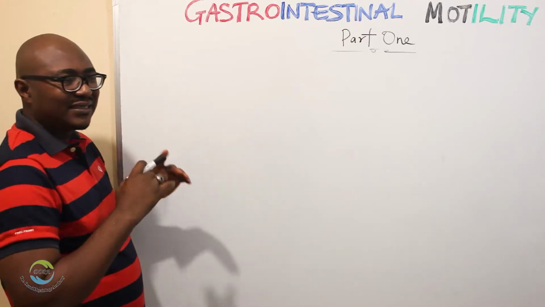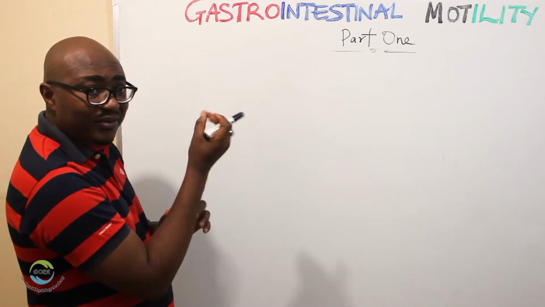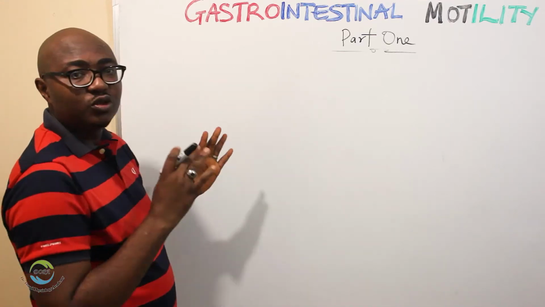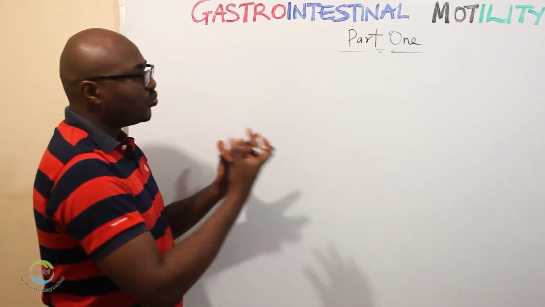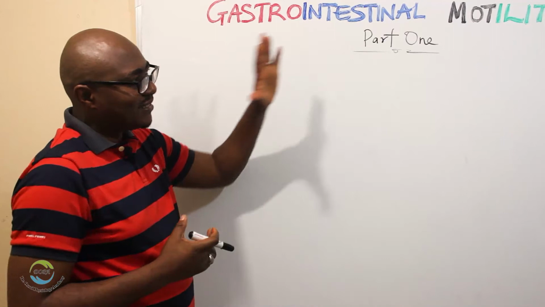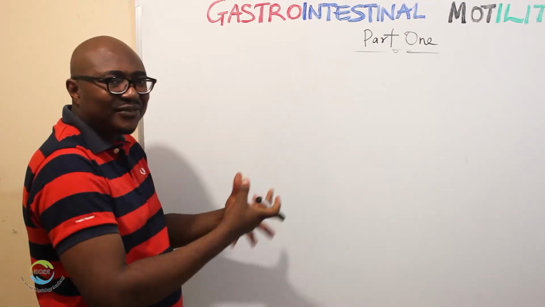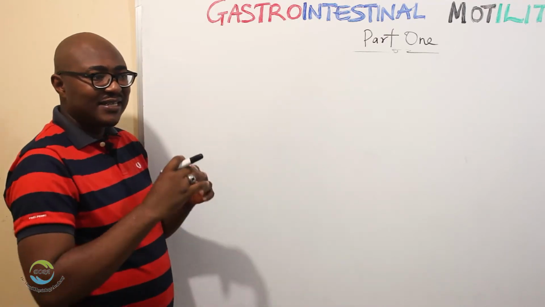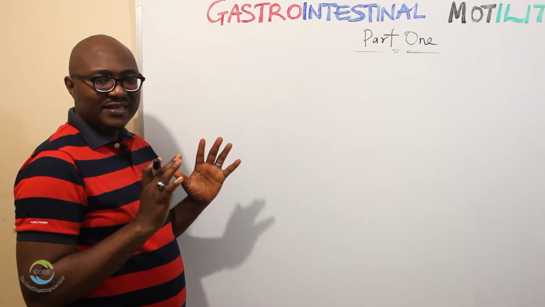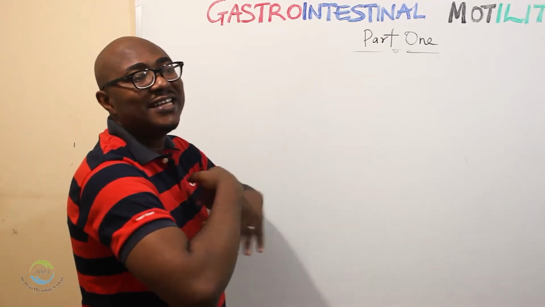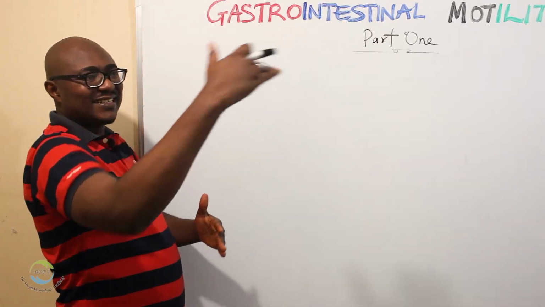But before we do that, let me just take your mind to something very important that you just need to know. To generate this motility, there are waves, electrical impulses that are generated in that enteric nervous system that we said can function on its own without the help of the extrinsic innervation.